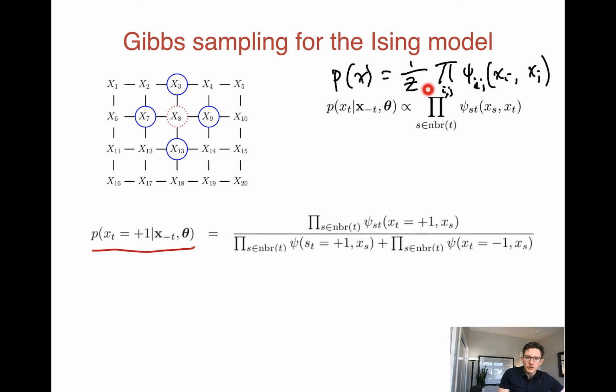That's our probability distribution. Based on this, it's not too hard to see why we only need to look at the neighbors.